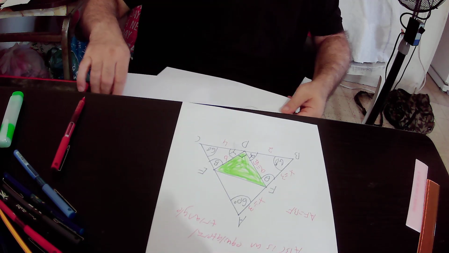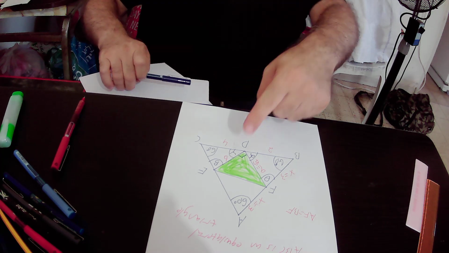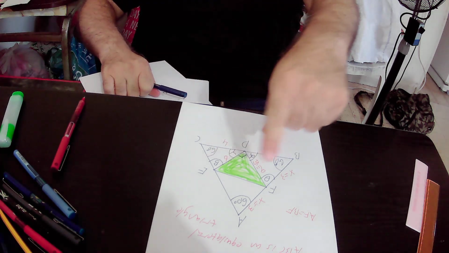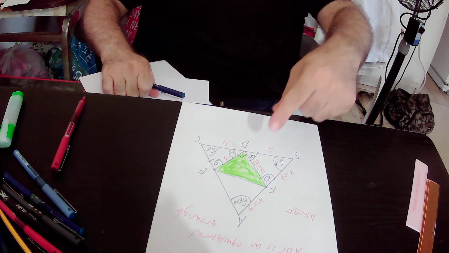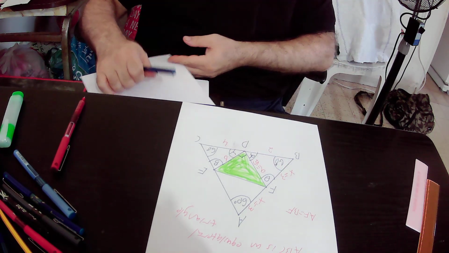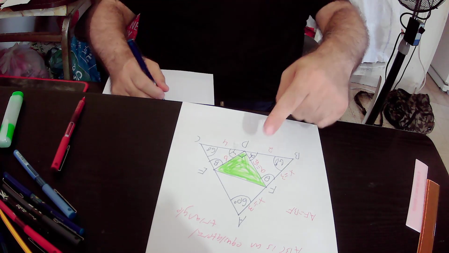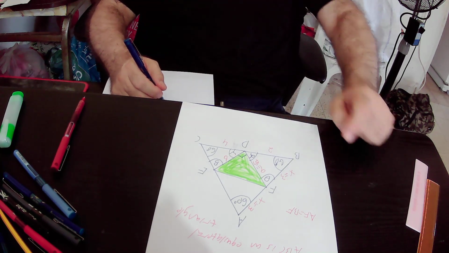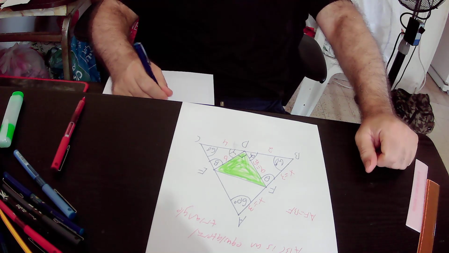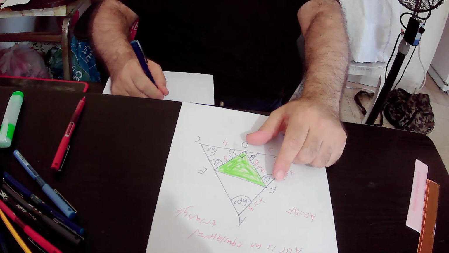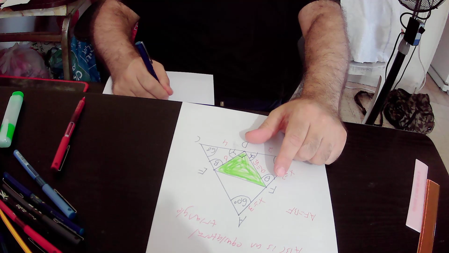But we know that the area of the green triangle equals the base of the triangle times the height of the triangle over 2. So the area of the green triangle will be equal to the base of the triangle, that is b, times the height of the triangle, that is a, over 2.